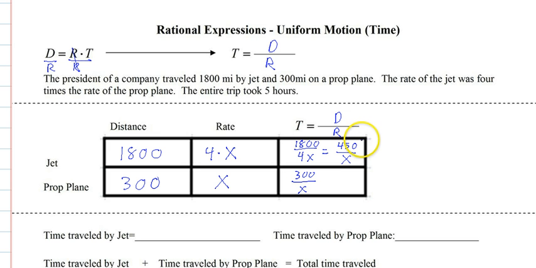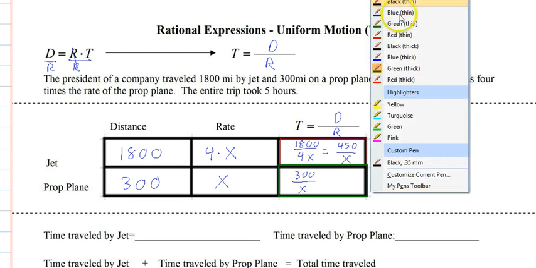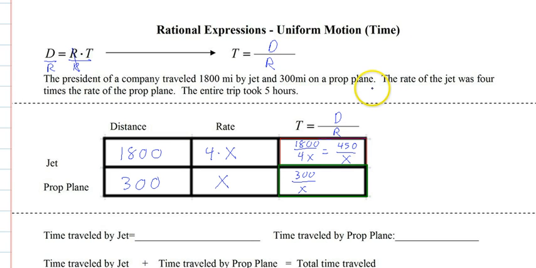Now we have our times. This box right here represents the time traveled by the jet. And this box here represents the time traveled by the prop plane. So now when we put them all together, the entire trip took 5 hours. So the time traveled by the jet plus the time traveled by the prop plane has to equal 5.